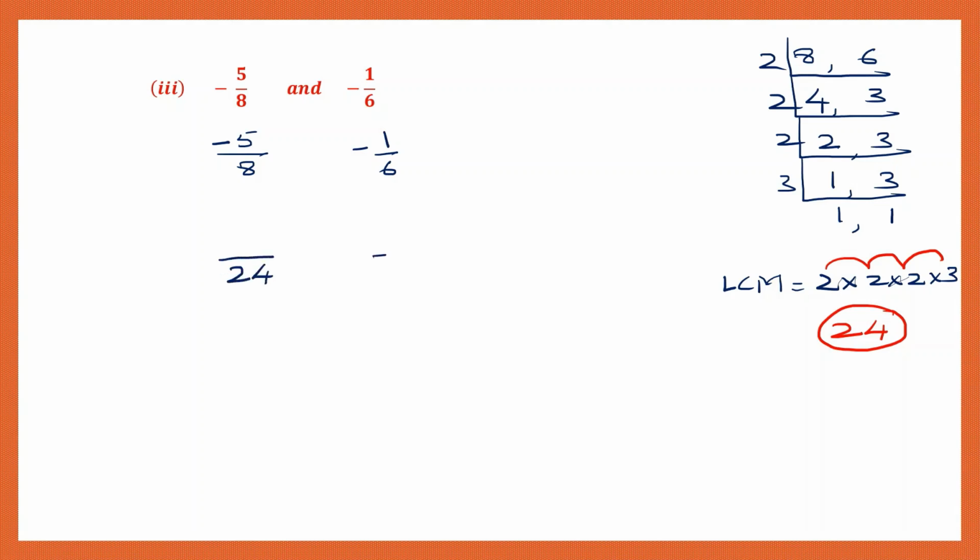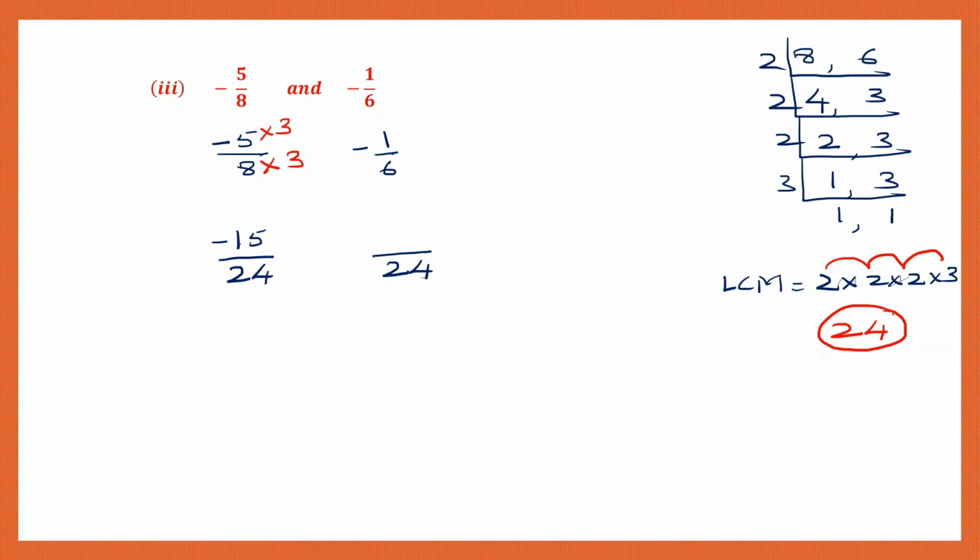Minus 1 by 6, the denominator will become 24. So now we have to get the numerator. So for that, 8 threes are 24. So minus 5 into 3. The sign will remain the same. Then 5 into 3 is 15. So that will be minus 15.